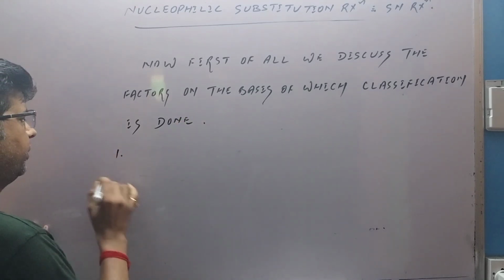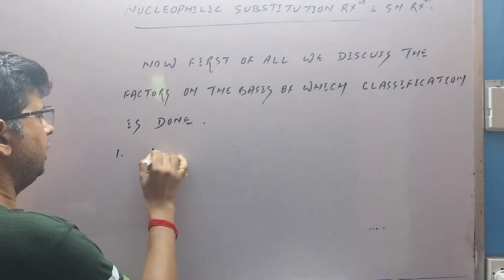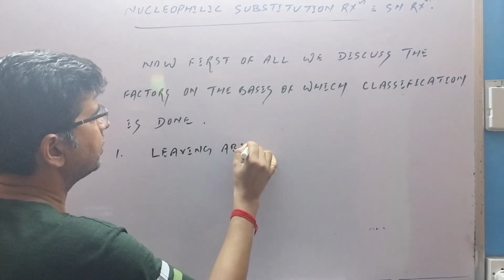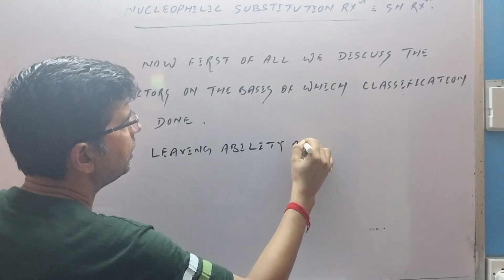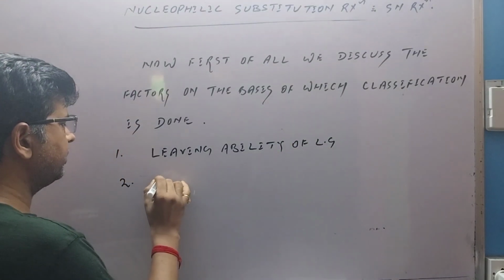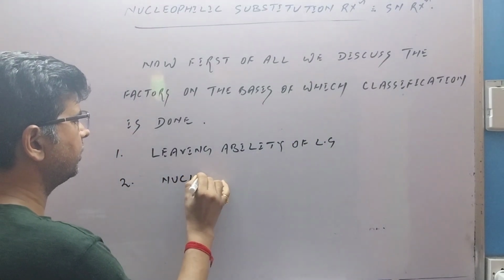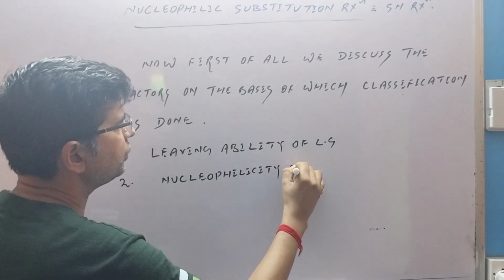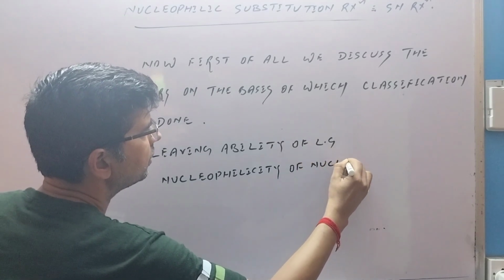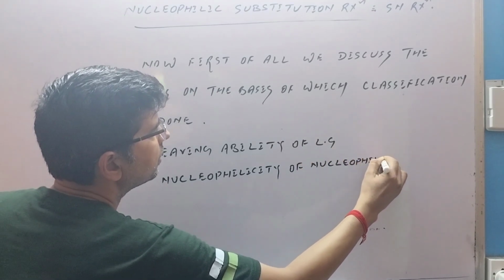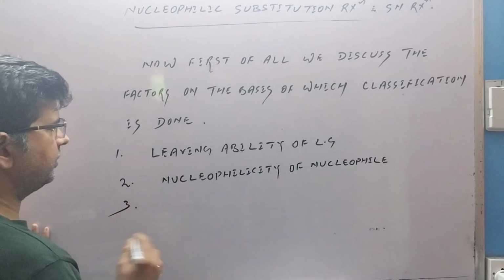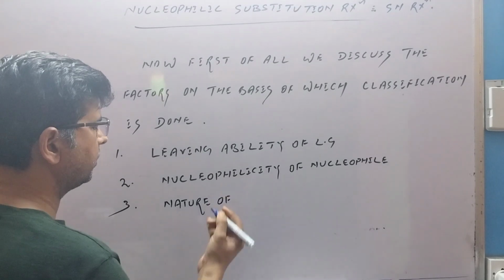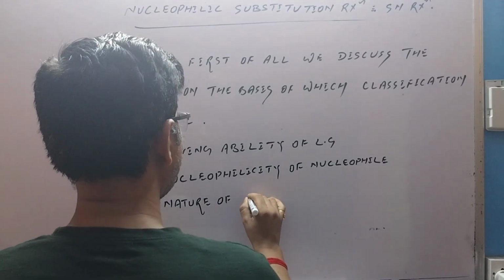And the factors are: first one is leaving ability of leaving group. Second factor is nucleophilicity of nucleophile. And the third factor is nature of solvent.